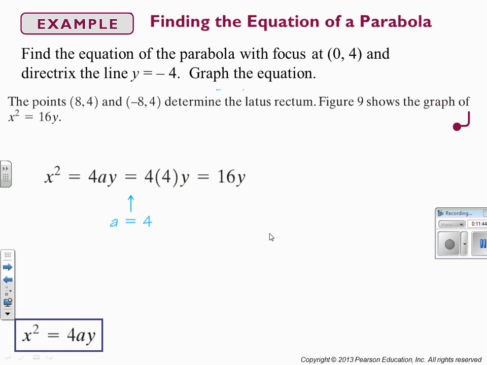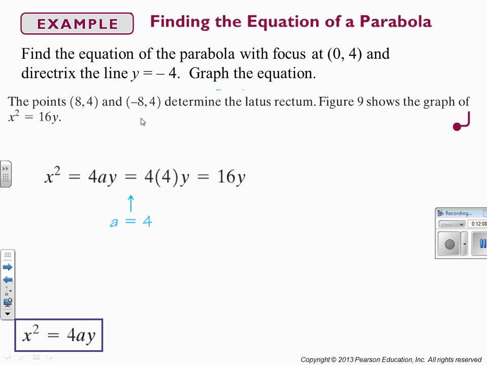The points 8, 4 and -8, 4 are the latus rectum, because when we put in our a value of 4 for y, we get out 64, and the square root of 64 is ±8.